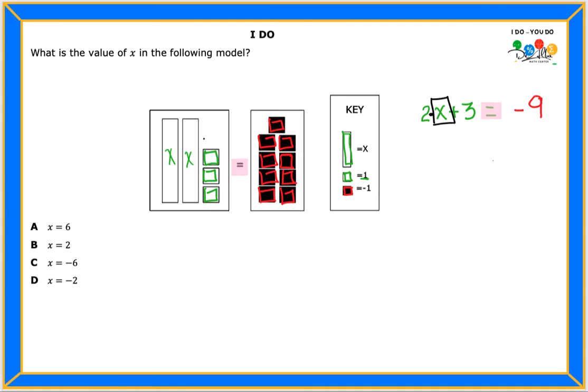So what I'm going to do here, I'm going to add 3 negatives. 1, 2, and 3. So adding 3 negatives is like saying plus negative 3 or saying minus 3. So I'm going to do plus negative 3, which is the same as saying minus 3.